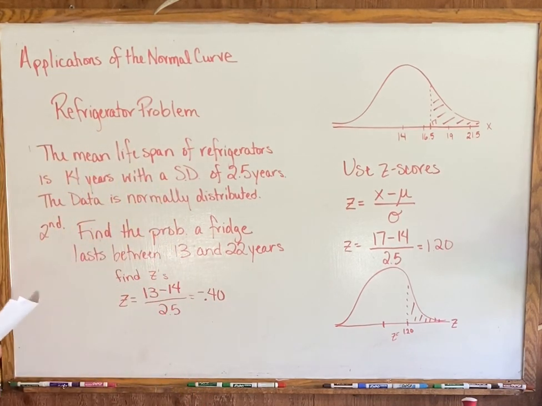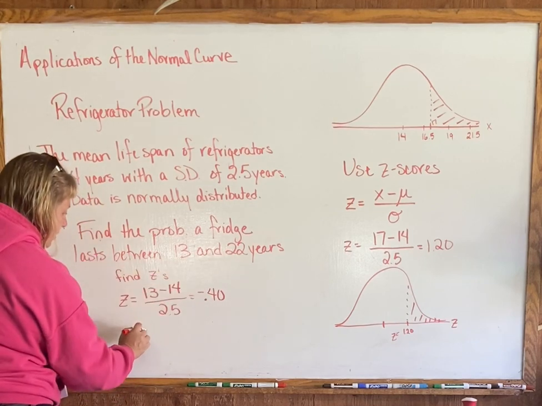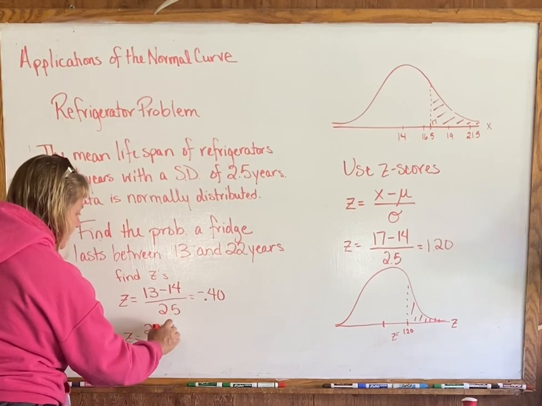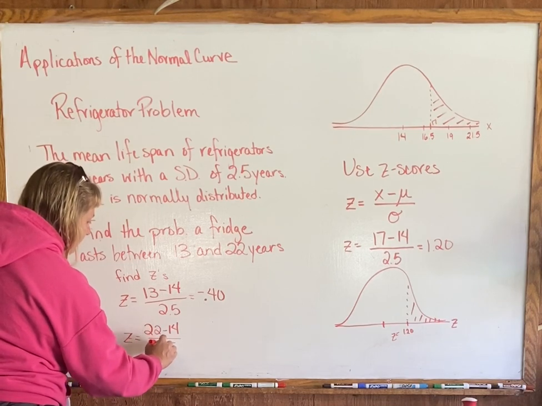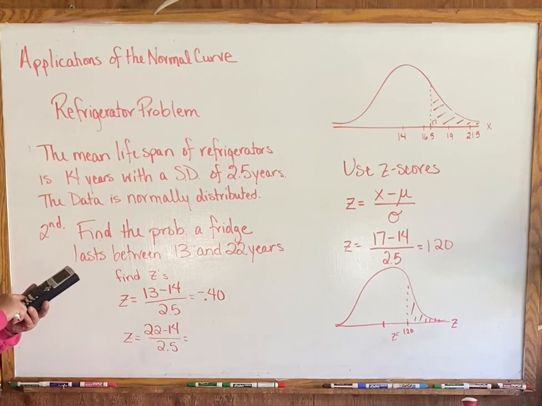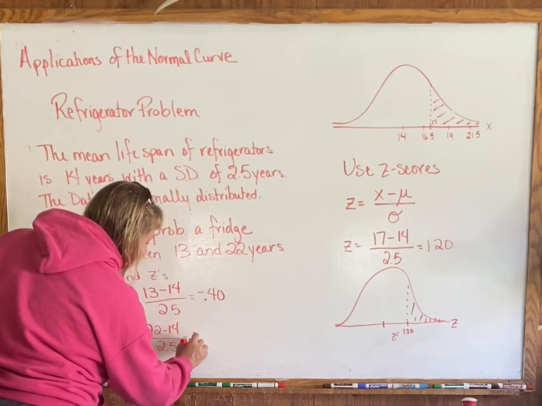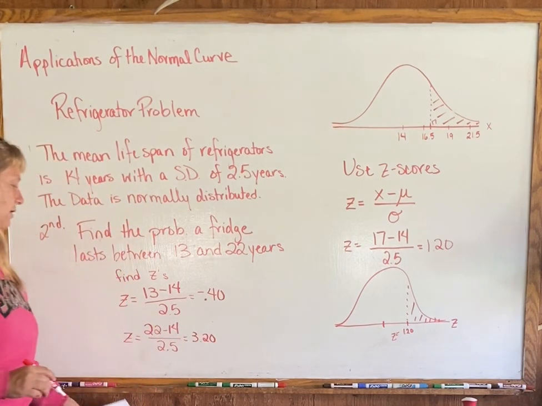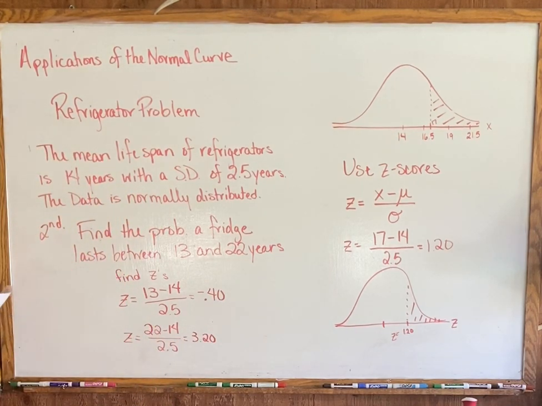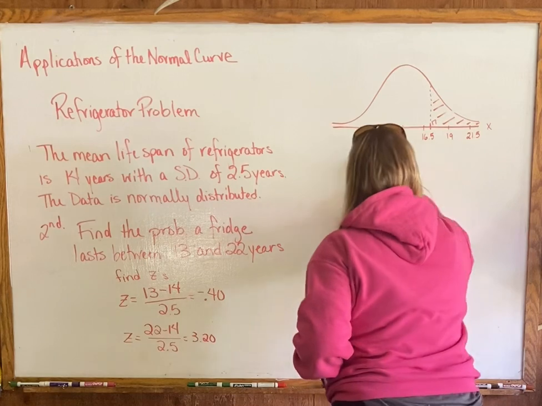And then the other one, we need a z-score for 22, so we'll go 22 minus 14, enter, divided by 2.5, gives us 3.20. Okay, so we end up this time with, like I said, 2 z-scores.